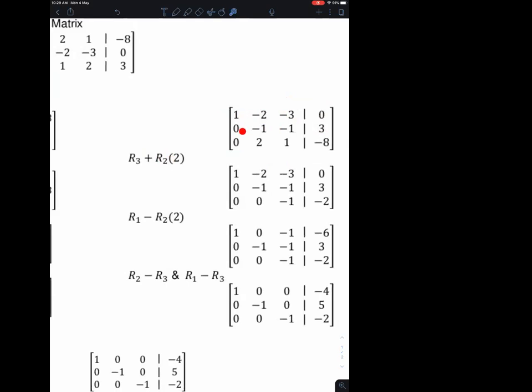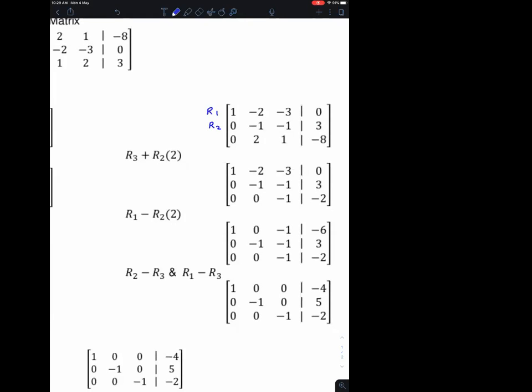You're going to multiply the row 2 by 2 and then add to row 3. 2 times the row 2 will give you 0, -2, -2, 6.